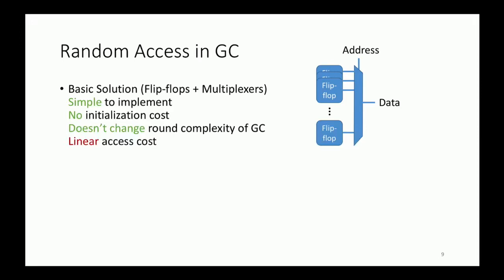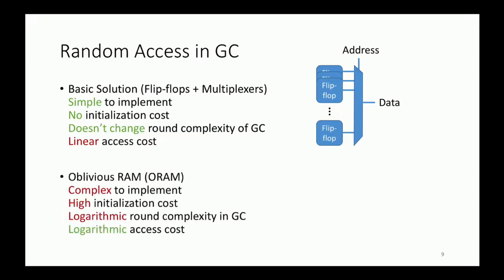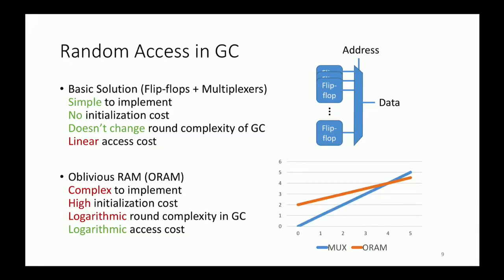But since in GC we cannot escape garbling and evaluating any gate, the access cost for a single access is linear in terms of the number of gates, or simply the memory size, which is very costly. A more complex but more efficient solution is oblivious RAM, where the best ones have logarithmic access complexity. But due to the high initialization cost of ORAM, it doesn't outperform MUX up to a certain point. So this is memory size and this is the access cost.